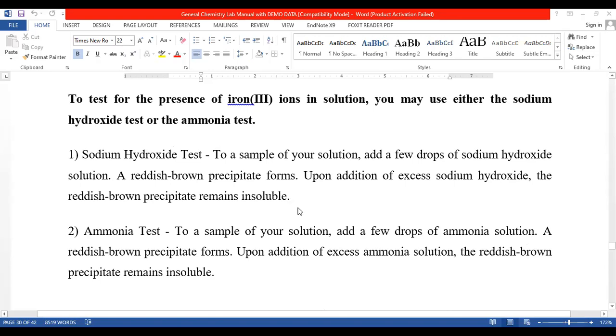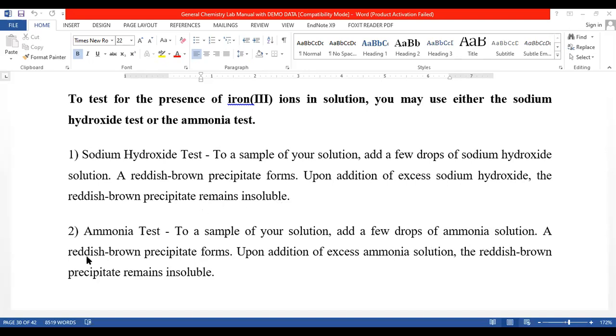On the other hand, if we take the sample containing iron 3 ion and sodium hydroxide is added there, a reddish brown precipitate forms. Earlier it was a dirty opaque green precipitate. Here it will form a reddish brown precipitate, and on addition of excess sodium hydroxide, that will be insoluble. So here also, depending on the color formed by the respective compounds, we can identify the presence of iron 2 and iron 3 ion.